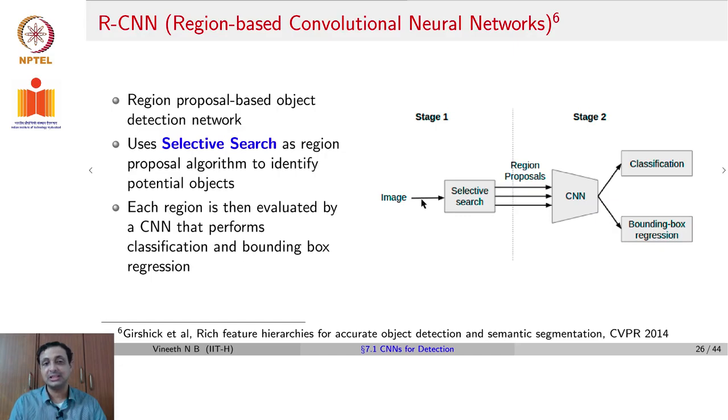Each of these regions is then evaluated by a CNN to perform classification as well as bounding box regression to get the correct localization inside those region proposals. Remember, when we talked about overfeat, we said that we could divide these into two heads. We will continue to use that for all detection methods that we will see.